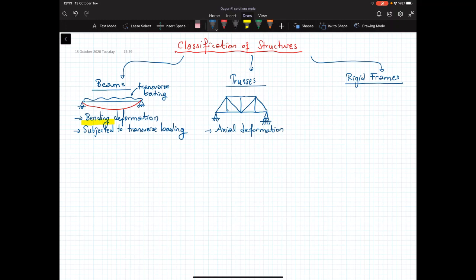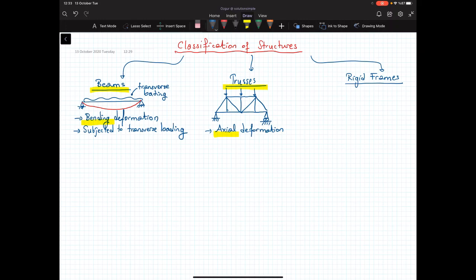And in order to satisfy that, all the loadings must be applied to the nodes, to the joints. So basically, a truss structure is a structure that resists the applied loading by axial deformations. When we have bending deformation only, it's a beam for us. Axial deformation only, it's a truss for us.